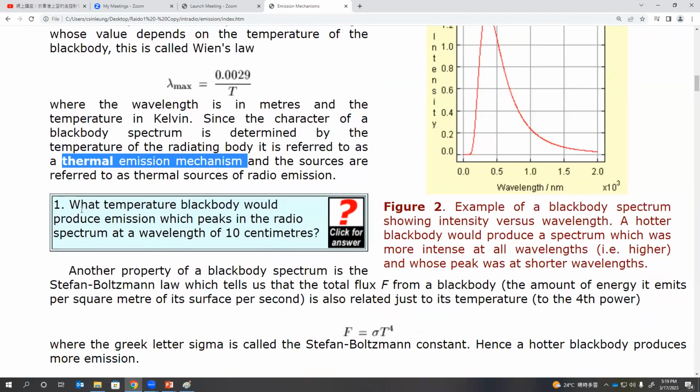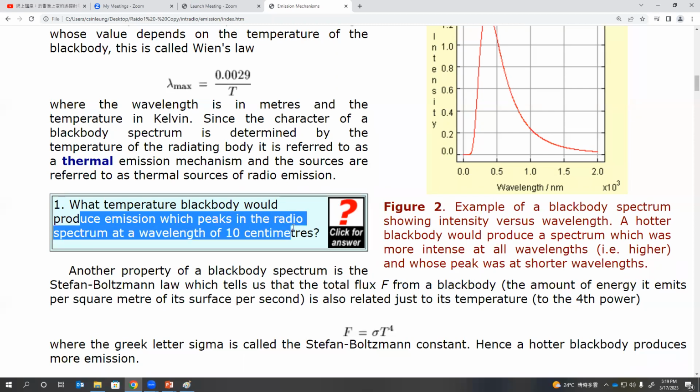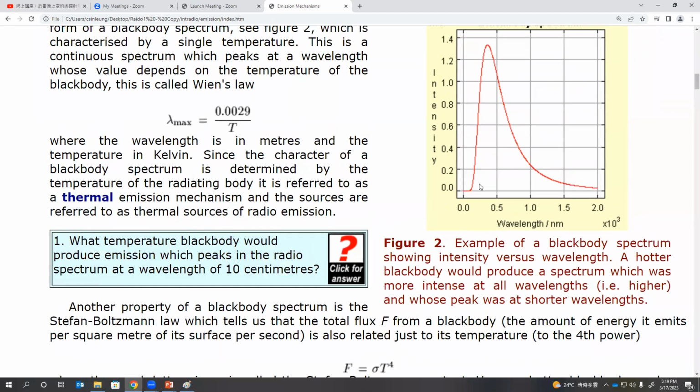Okay, maybe we look at this simple question. What temperature blackbody would produce emission which peaks in the radio spectrum at a wavelength of 10 cm? You can look here at the x-axis, but for 10 cm, of course. This is nanometer, okay?